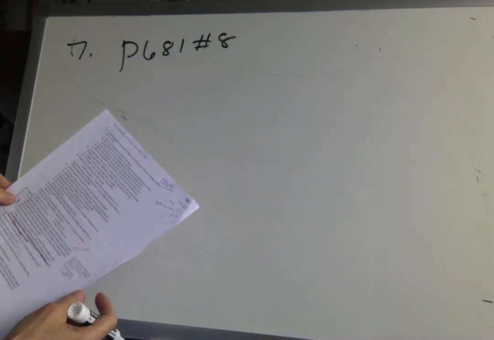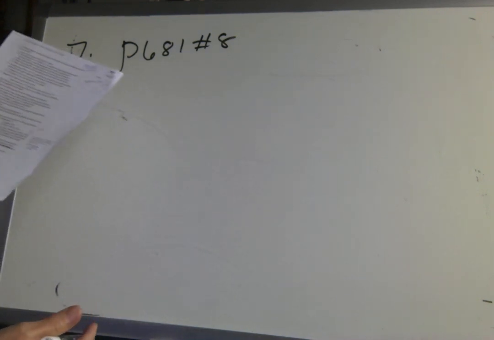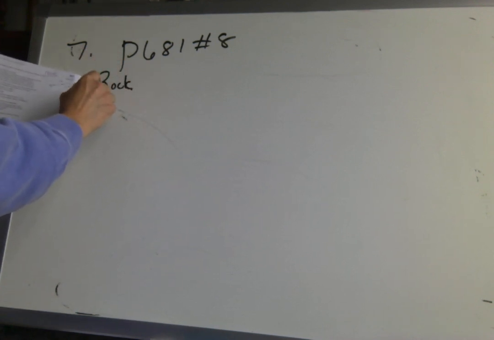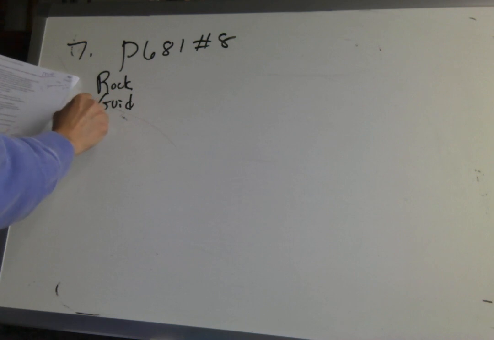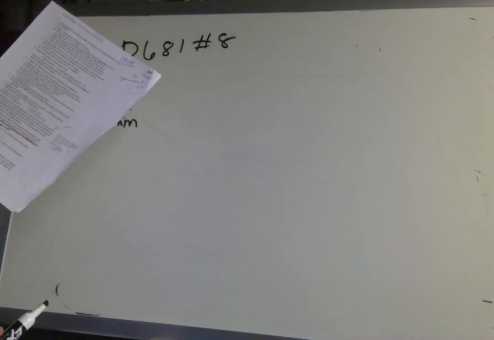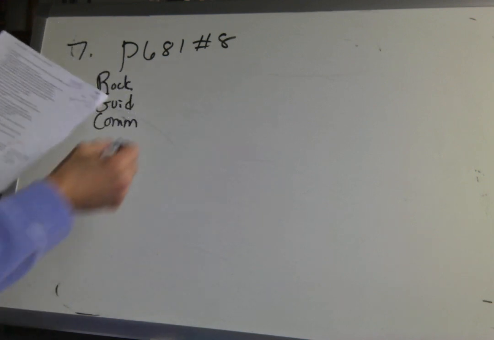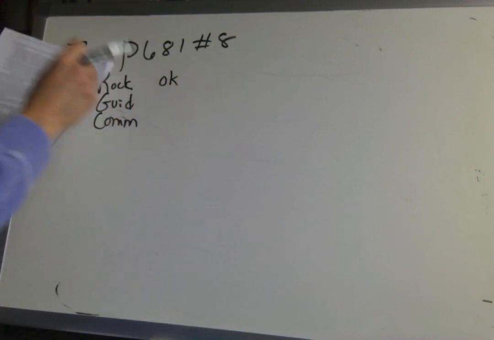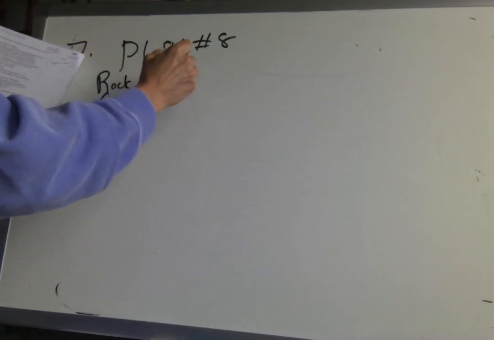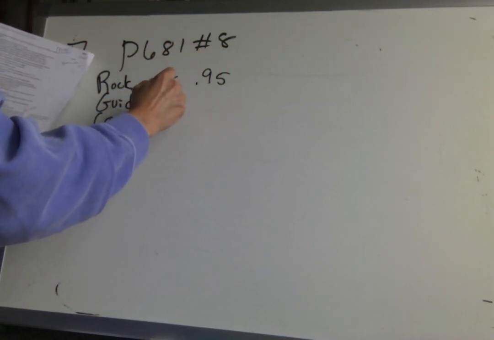Suppose there are 3 crucial components on a space shuttle. There's the rocket system, there's the guidance system, and there's the communication system. Suppose also the probabilities that the systems function correctly. So they're giving you what I call the okay, you know, everything's going to be okay, probabilities. For rocket is 0.95.